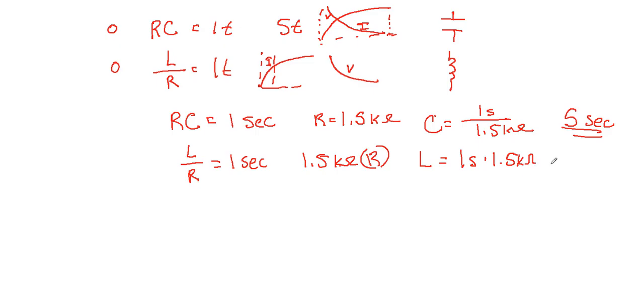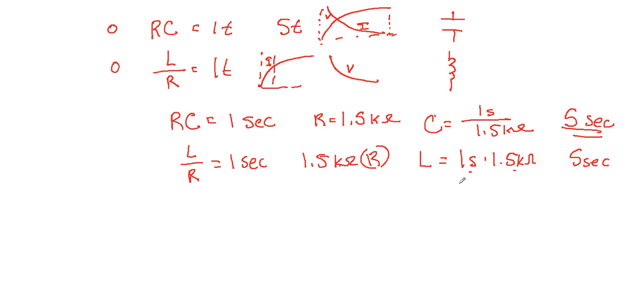And I want you to look at this. That's the inductance that would be needed to create a 1 second delay, right? To make a 5 second delay, we just have to multiply by 5.